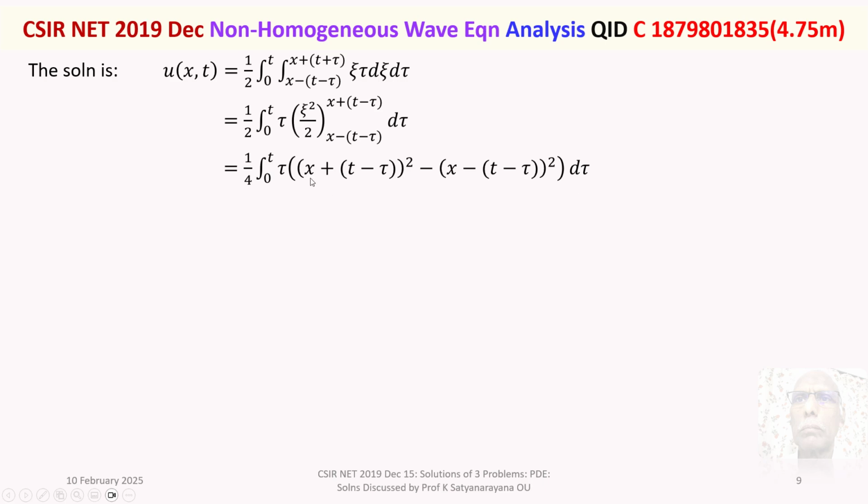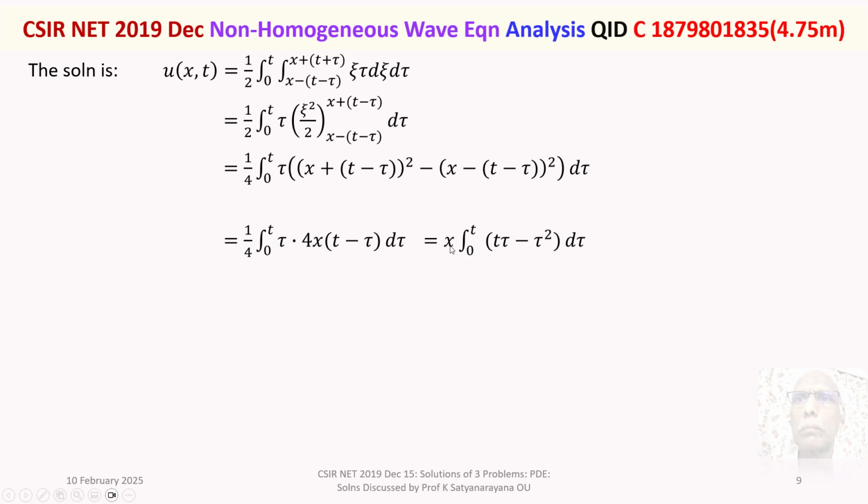Now this is (a+b)² − (a−b)². You know, when you evaluate, it is 4ab. So it is 1/4 integral 0 to t of τ into 4·x·(t−τ) dτ.